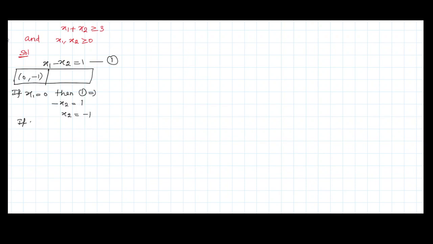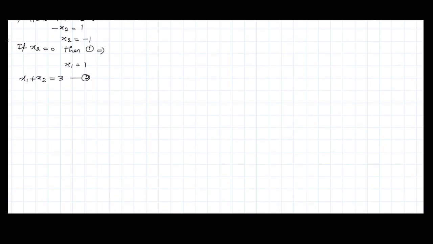If x2 equal to 0, then x1 equal to 1. It is 1 comma 0. Let us consider the second line and identify 2 points on the line.